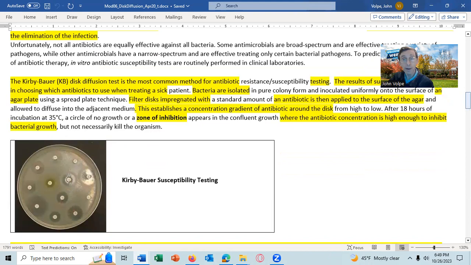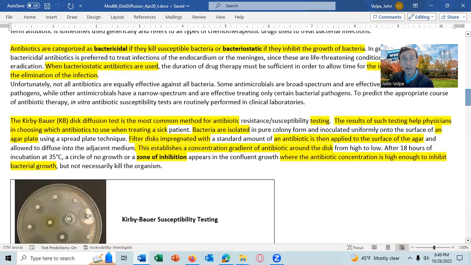The Kirby-Bauer disc diffusion test is the most common method for testing antibiotic sensitivity or resistance. The results of such testing help physicians in choosing which antibiotics to use when treating a particular patient with a particular bacterial infection.